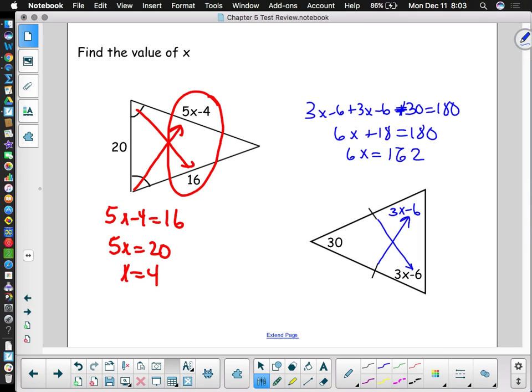So that's 27. Okay, so this one we do add up to 180 because they're angles. And that was a tricky one. Honestly, I think that's one of the hardest problems in the review.